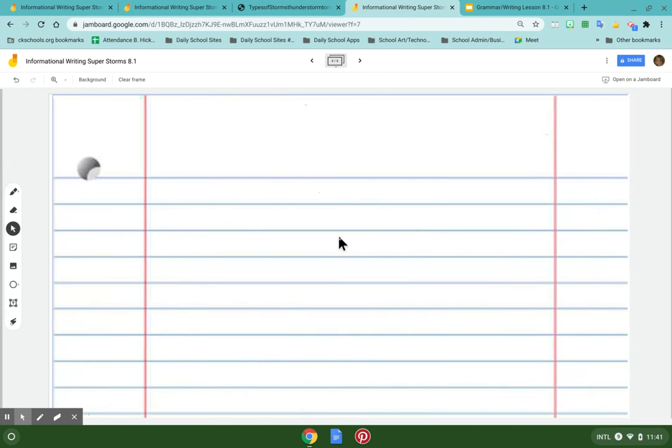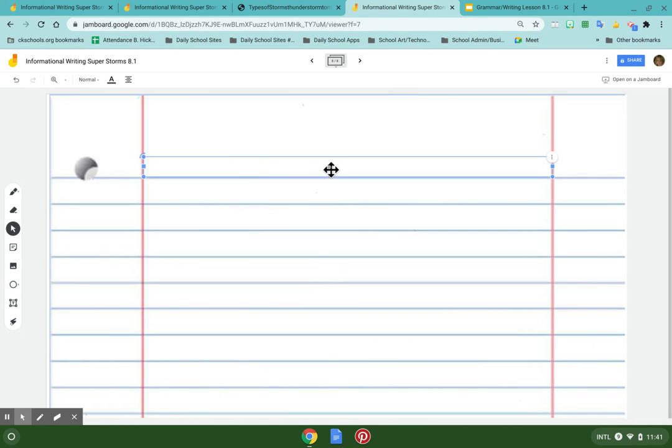Now what I would do is I would retype this paper, okay? And I would start with a title right here, and I would say thunderstorms. I would drop down to my first line right here. I would tab over 1, 2, 3, 4, 5, and then I would start writing my paper.